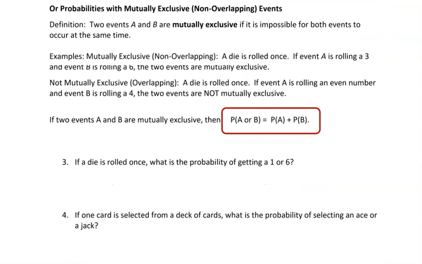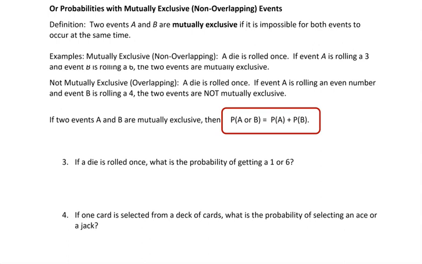All right, or probabilities with mutually exclusive events. So mutually exclusive just means that it's impossible for both events to happen at the same time. So mutually exclusive could be a die is rolled once. If event A is rolling a 3 and event B is rolling a 6, the two events are mutually exclusive, meaning that you can't roll both a 3 and a 6 at the same time.